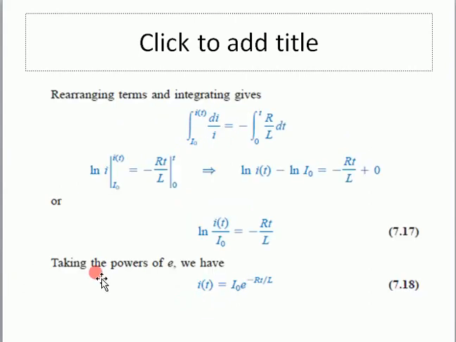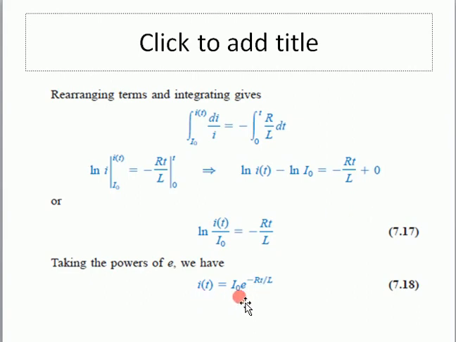Now rearranging and taking the integration, after solving it we have i of t equal to I naught e raised to the power minus Rt over L. The integration is something you will do by yourself.